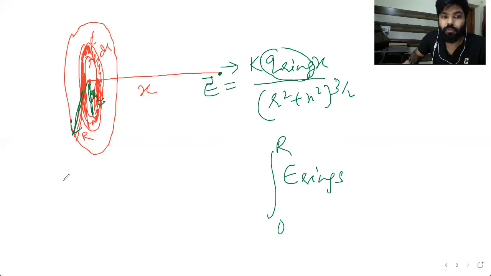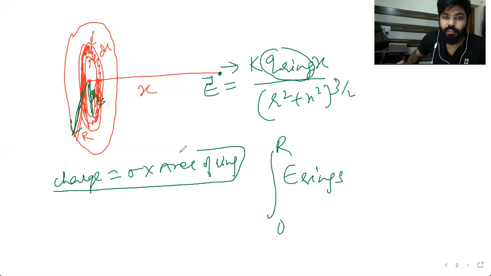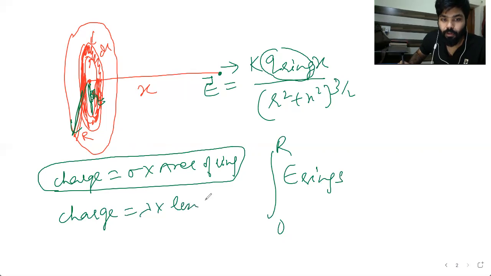As you know, charge is sigma times area of ring. When charge is distributed over length, the charge comes out to be lambda times length.